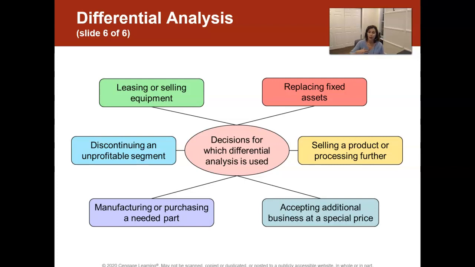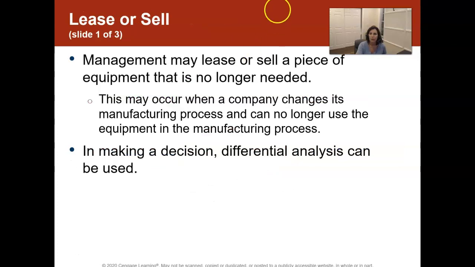Do we process something further, and I'll get into this a little bit more, or sell it in its initial form? Do we accept a special order, which might come with a shift that we need to make in our operating based on what we would be doing?